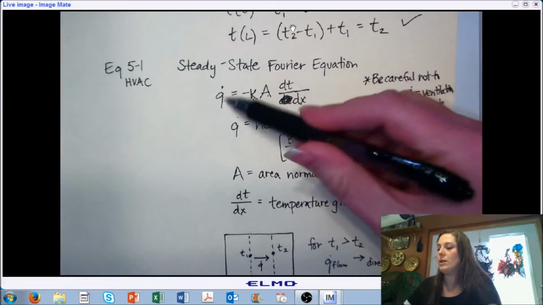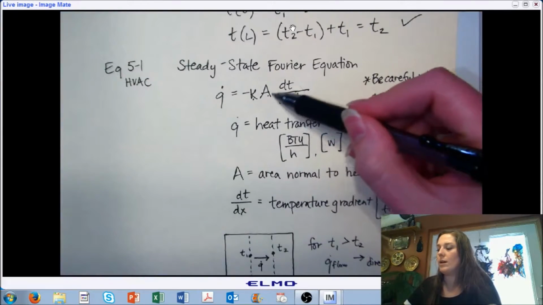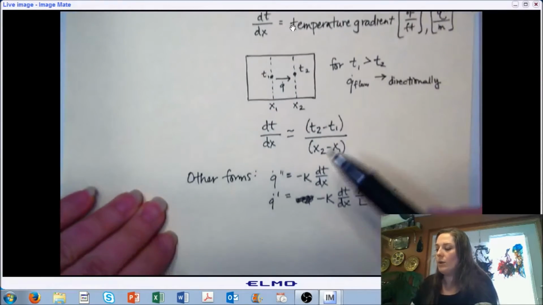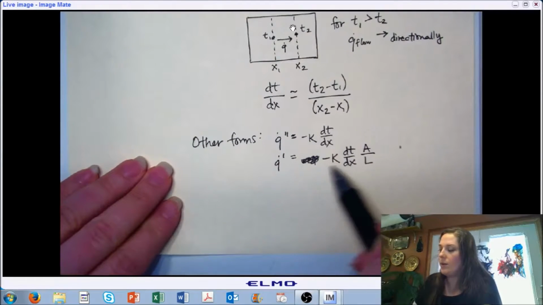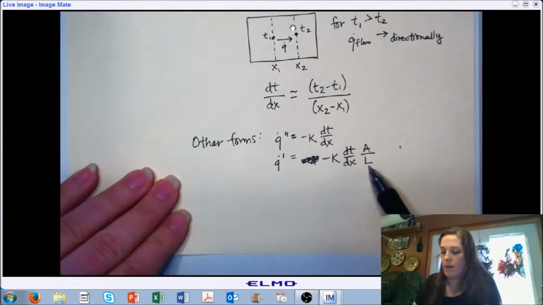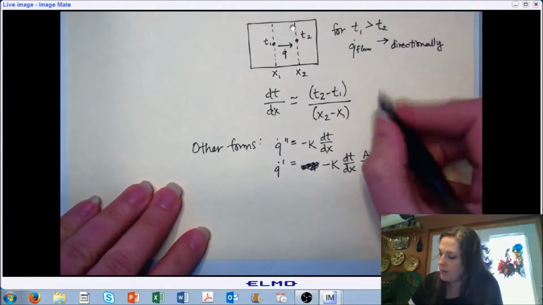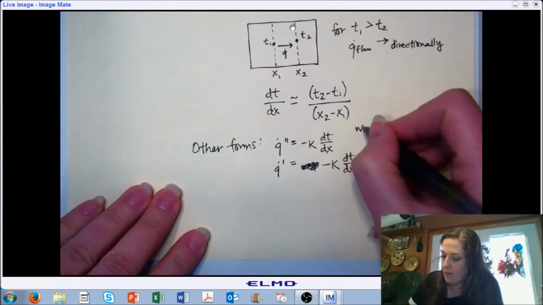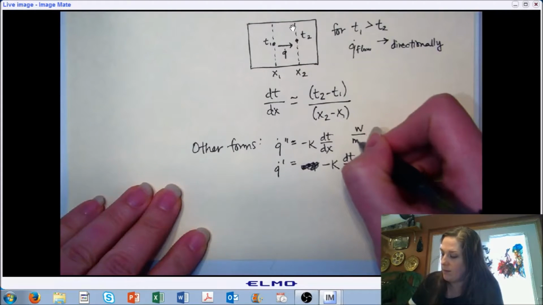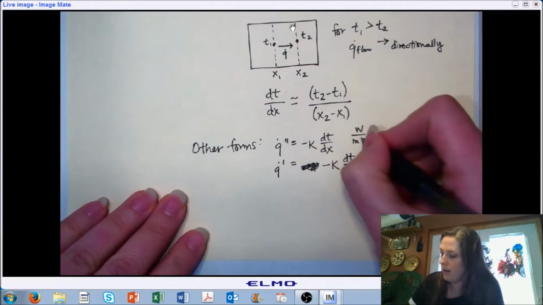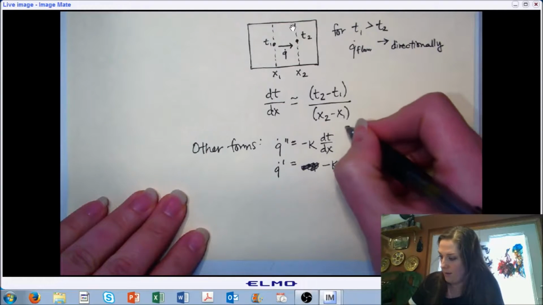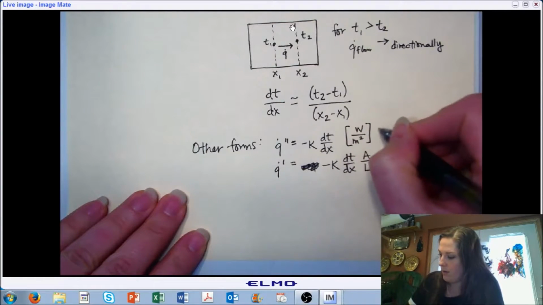This is total energy that's already pulled the area in. If you want to do it on a per area basis, you just leave out the area term, or if you want to do it on a per unit area basis, then you end up with something like this, where you have area divided by length, where length is the length of the surface and not the depth of the heat transfer.